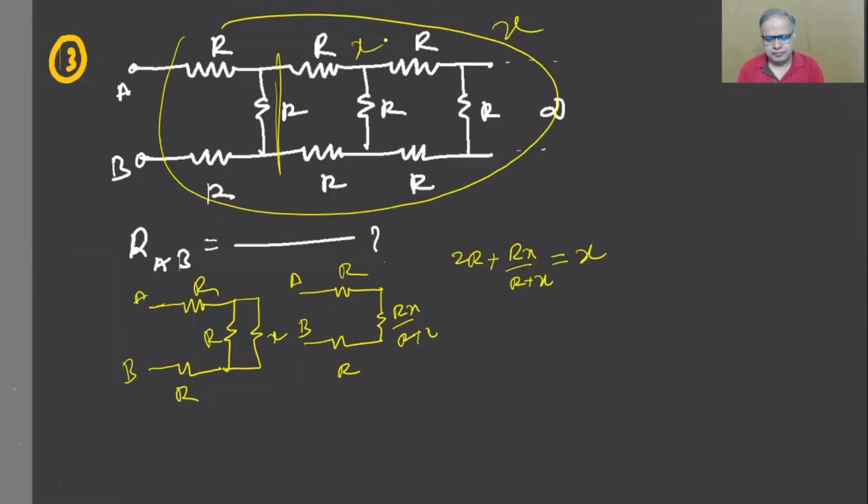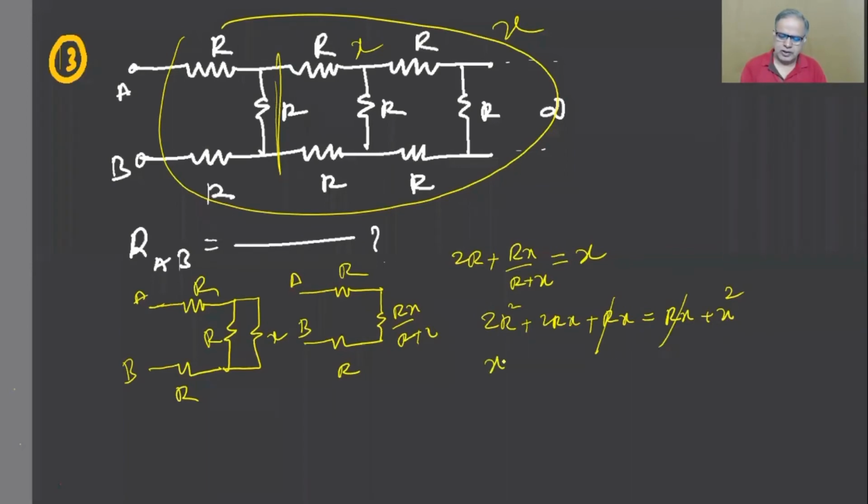Okay. Now this is all simplification. So 2Rx plus Rx is equal to Rx plus X square.